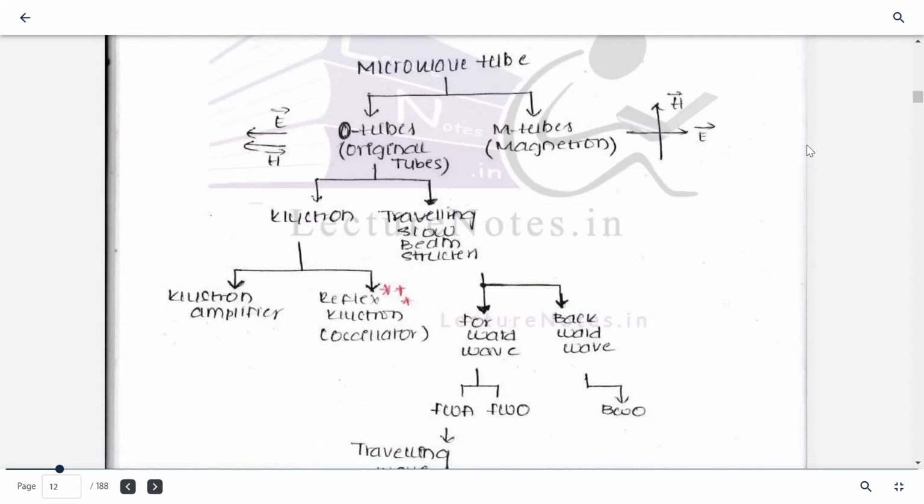In this, electron bunches are created for a period in the microwave region. The examples of O tube are klystron and traveling wave tube. Klystron is further divided into klystron amplifier and reflex klystron.